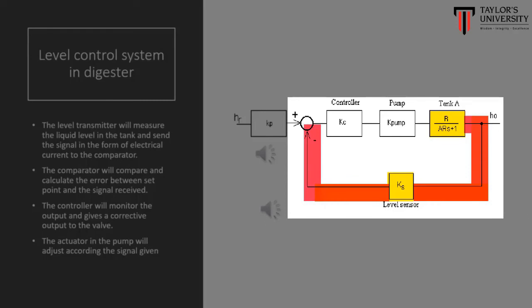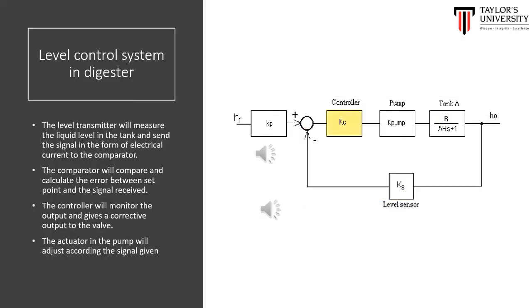The comparator will compare and calculate the error between set point and the signal received. The controller will monitor the output and give a corrective output to the valve. The actuator in the pump will adjust accordingly the signal received.